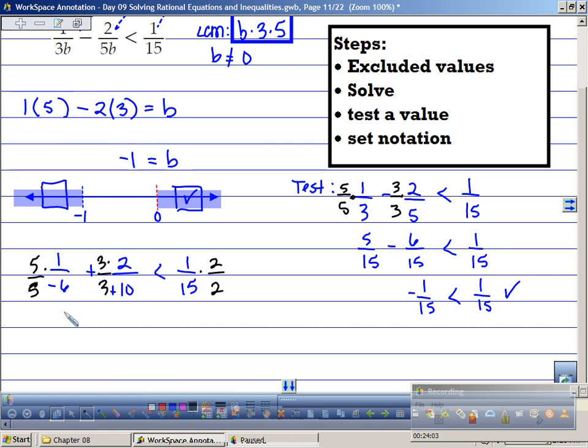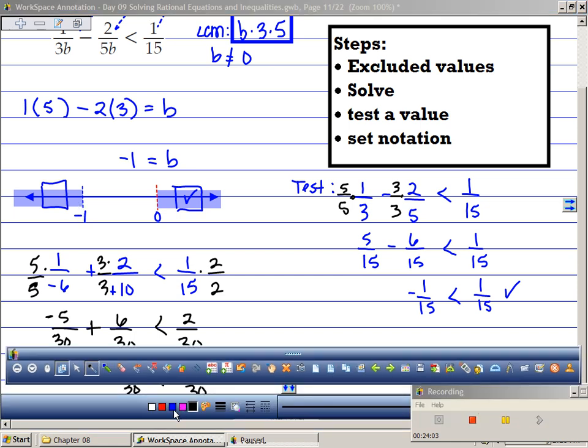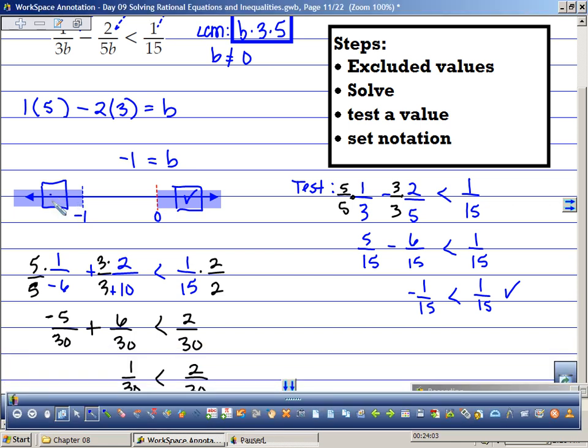Okay, so now I have negative 5 over 30, plus 6 over 30 is less than 2 over 30. Is 1/30 less than 2/30? Yes, therefore that one also checks. So we're all good.